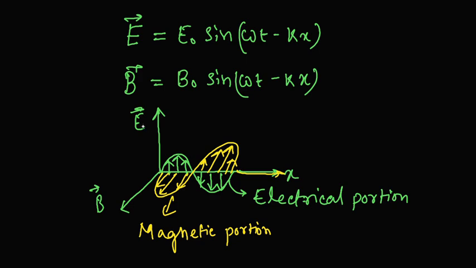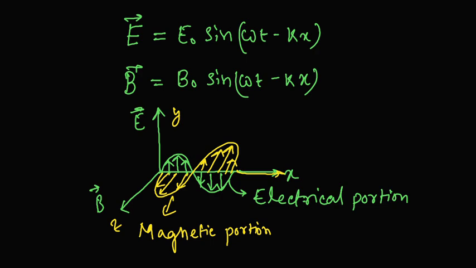We can say this is y and this is z also. These two waves are superimposing and creating a new wave called an electromagnetic wave.